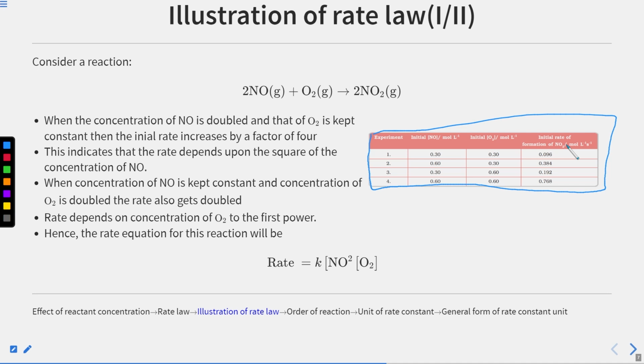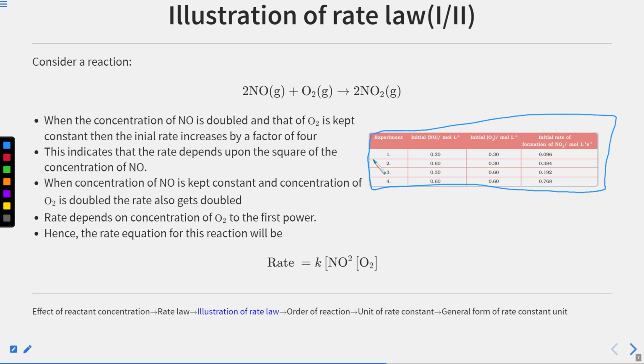So what are we doing here? We are taking different concentrations of NO and O2, different combinations of both, and then measuring the instantaneous rate of reaction, or simply the rate of formation of NO2, and seeing the effect of this initial concentration change on the rate of reaction.